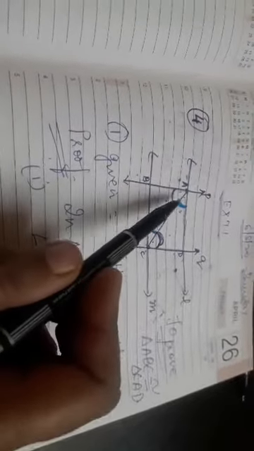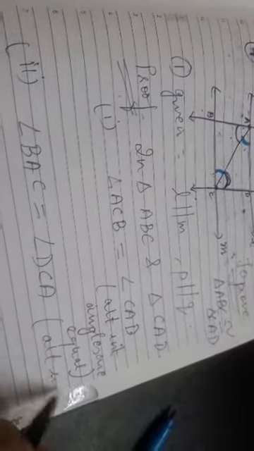So therefore, second point we write: angle BAC is equal to angle, which one? ACD or DCA, right? We'll write DCA. Again, the alternate interior angles are equal.